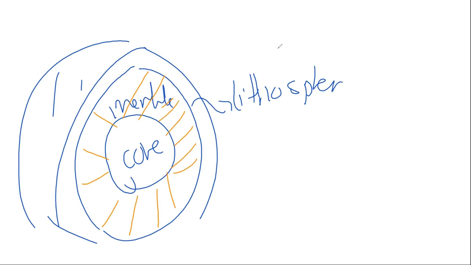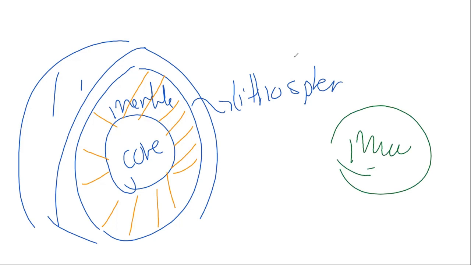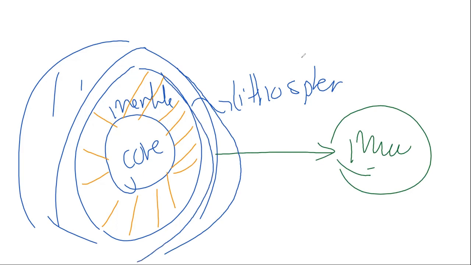When any force from the sun or from the moon, I say moon here, drags this toward them, the crust or the lithosphere is pulled upward a little bit, because the central part, the mantle, is viscous.